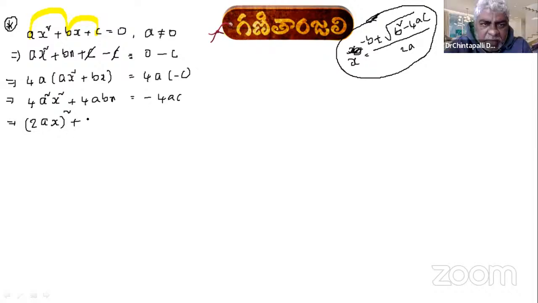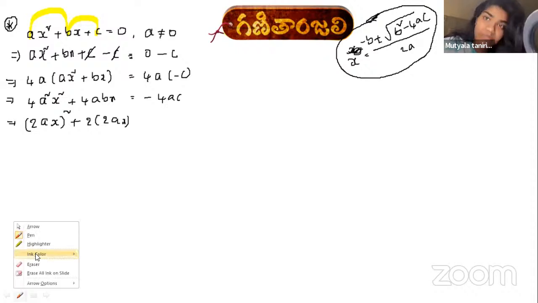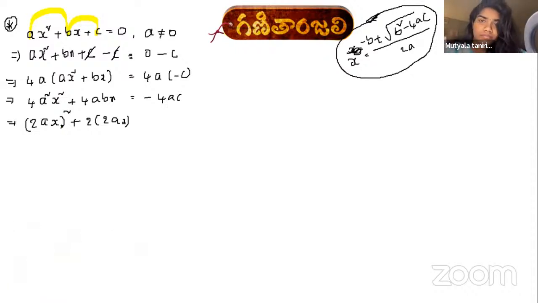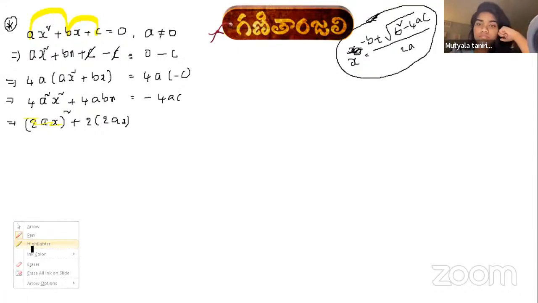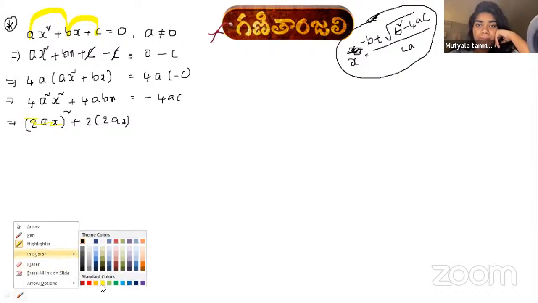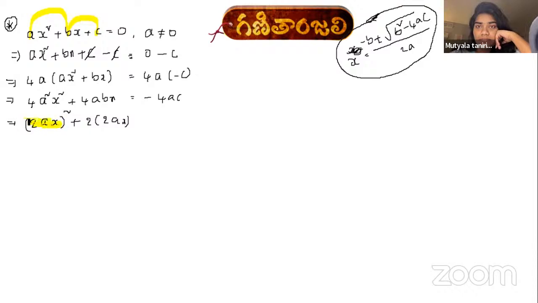Now, this 4abx can be expressed as 2 times 2ax.